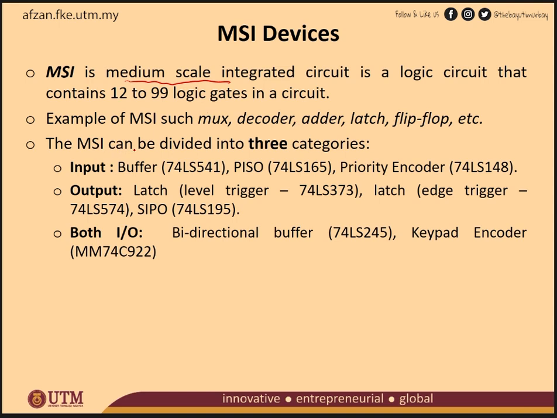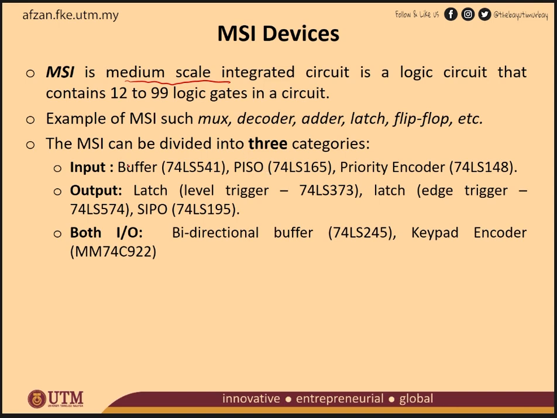The MSI can be divided into three categories. The first one is input. Examples of MSI in the input group are buffer and PISO. What is PISO? Parallel in serial out priority encoder.